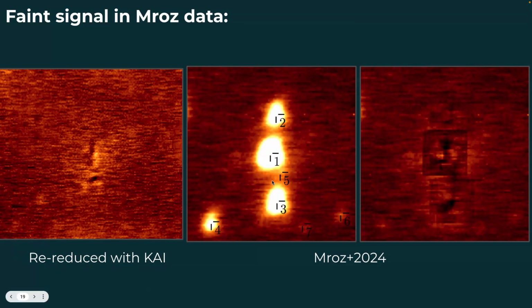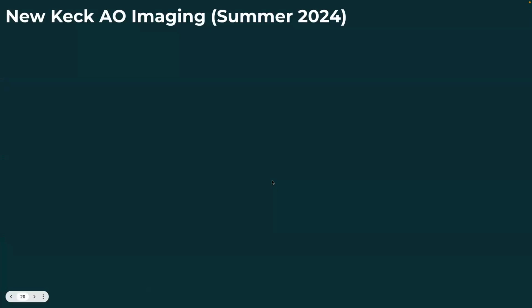And then the residual here. And maybe where I found a residual in my re-reduction, there might still be something here, but that is the original. So there's star 1 and star 5 from Shemek's paper earlier this year.